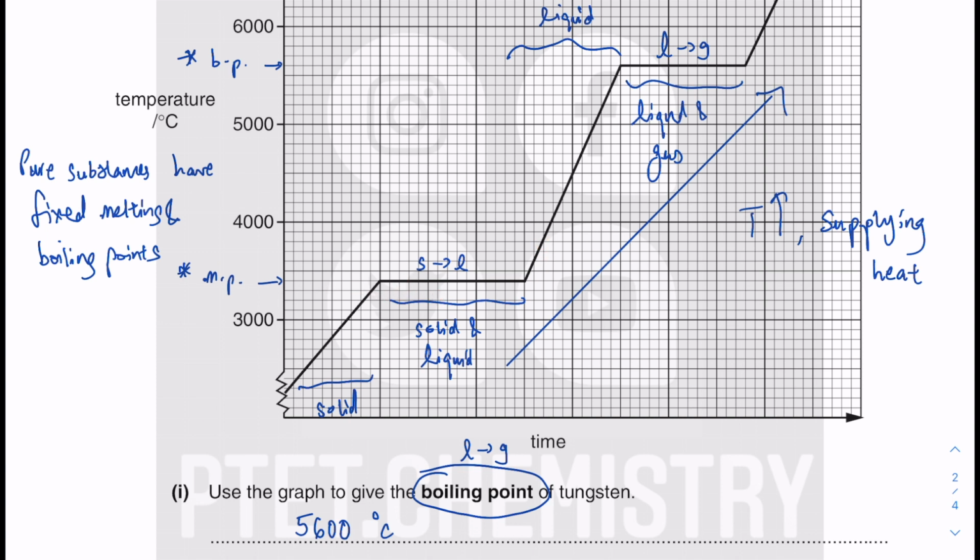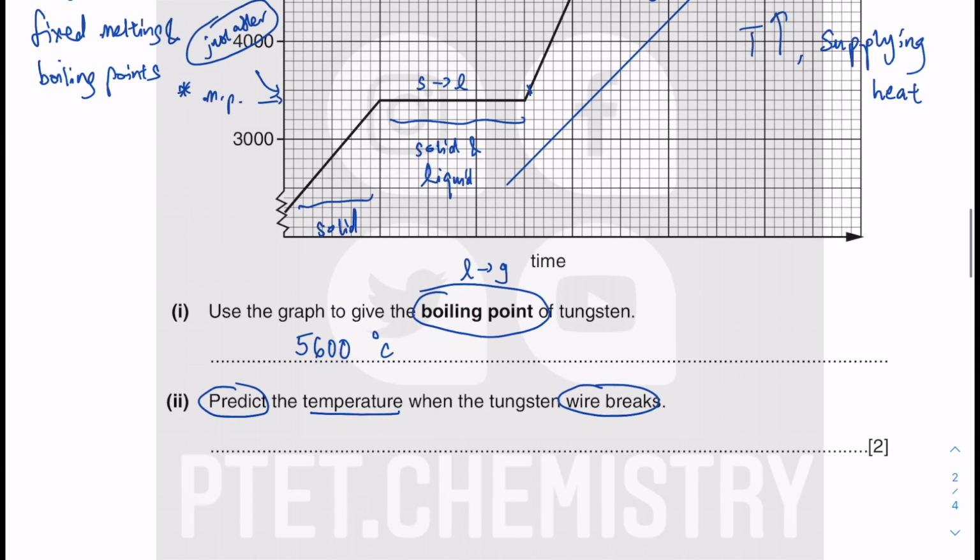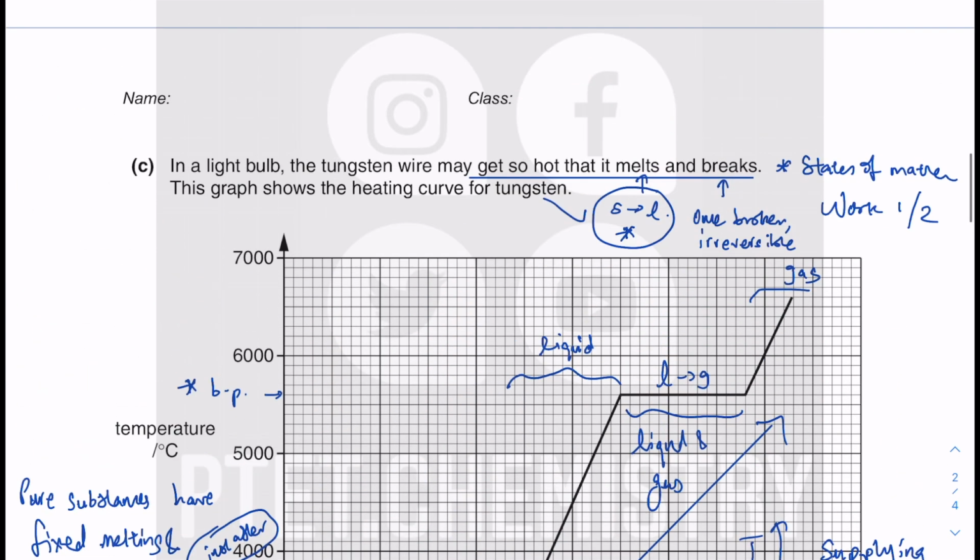So just after the melting point, I'll guess probably 3,500. Just after the melting point, then it will break. Okay, so around 3,500 degrees Celsius. That is when it will melt and then it will break.